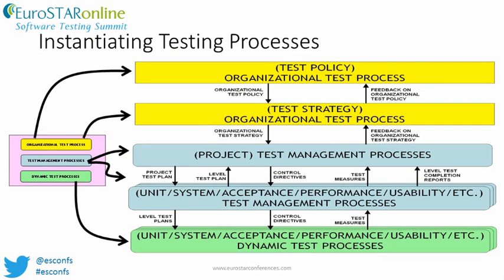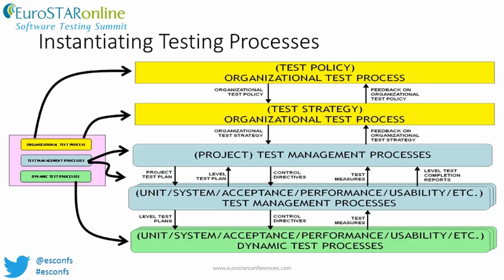This slide provides an example of how these layers may be used in a relatively large and mature organisation. That is, an organisation mature enough to have an organisational test policy and large enough to make it worthwhile having an organisational test strategy. It shows the generic processes in Part 2 of the standard being instantiated for use at different levels.